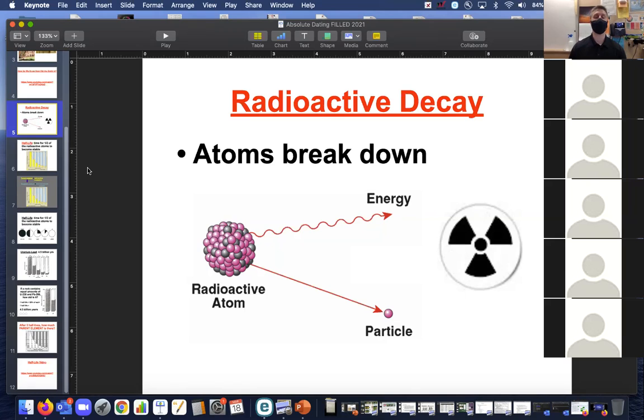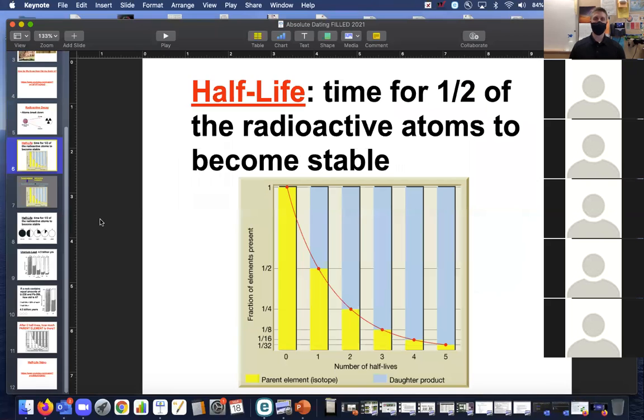With radioactive decay, as mentioned in the video, is something called the half-life. All the half-life is the period of time that it takes for half of the atoms of an element in the sample to become not radioactive.